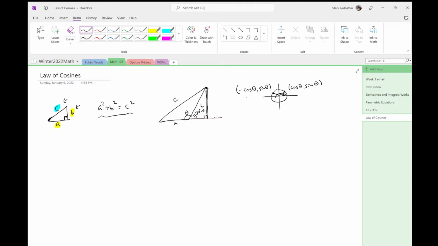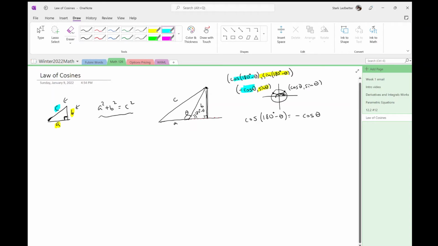So what we know then is that cosine of 180 minus theta is negative cosine theta, because this point is also cosine 180 minus theta, comma sine 180 minus theta. Similarly, sine of 180 minus theta is equal to sine theta. They're different names for the same point, so they must be equal.